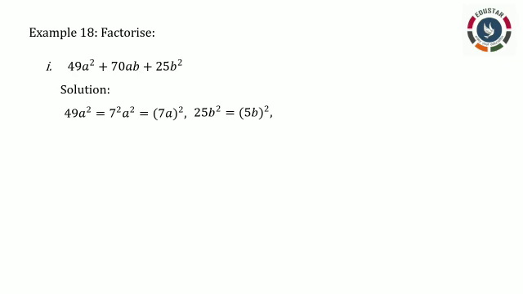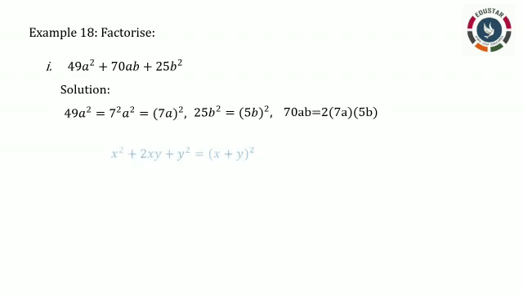So, the first term can be written as (7a) the whole square and the last term as (5b) the whole square. Can you relate it with any identity? Of course, yes. First identity. Why? Because our middle term is positive. So, how to split this middle term 70ab? It can be written as 2 into 7a into 5b.